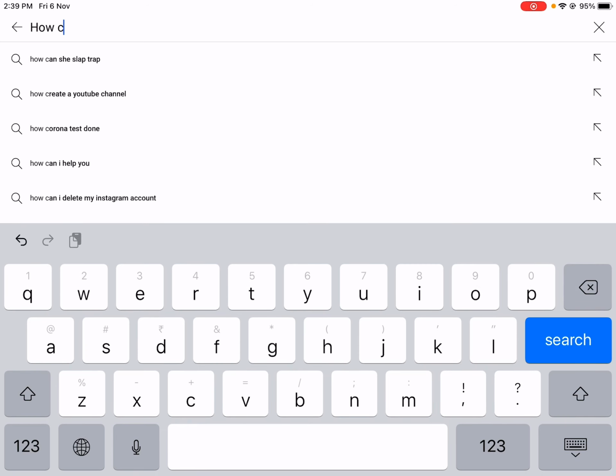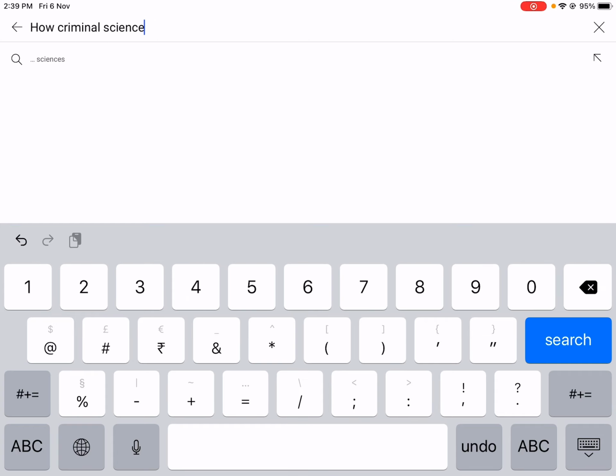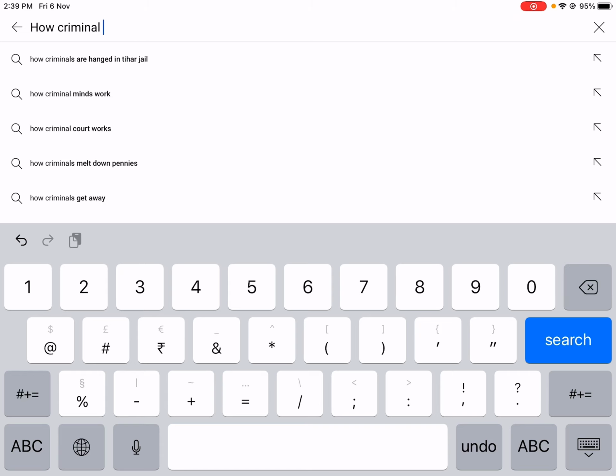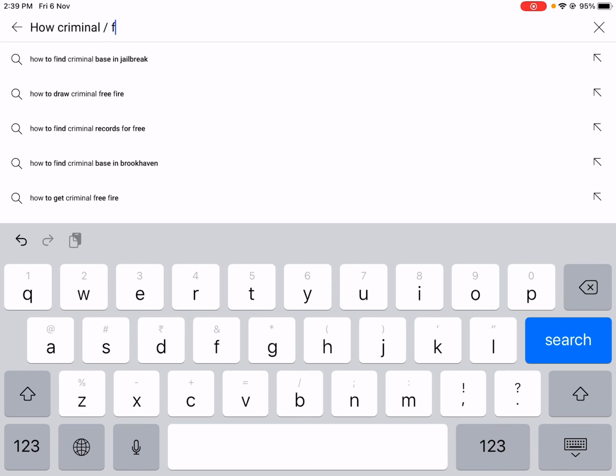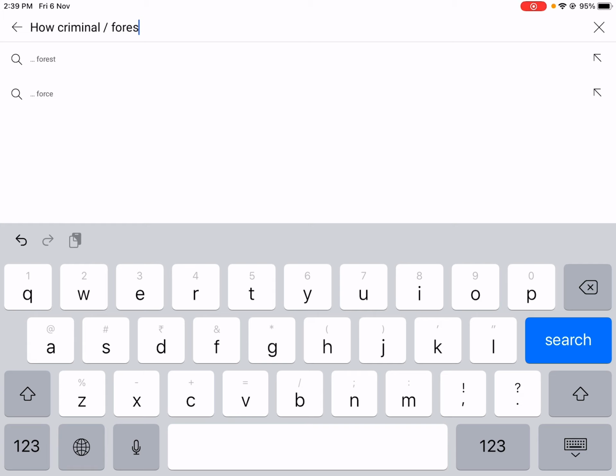How criminal science or forensic science is used for.